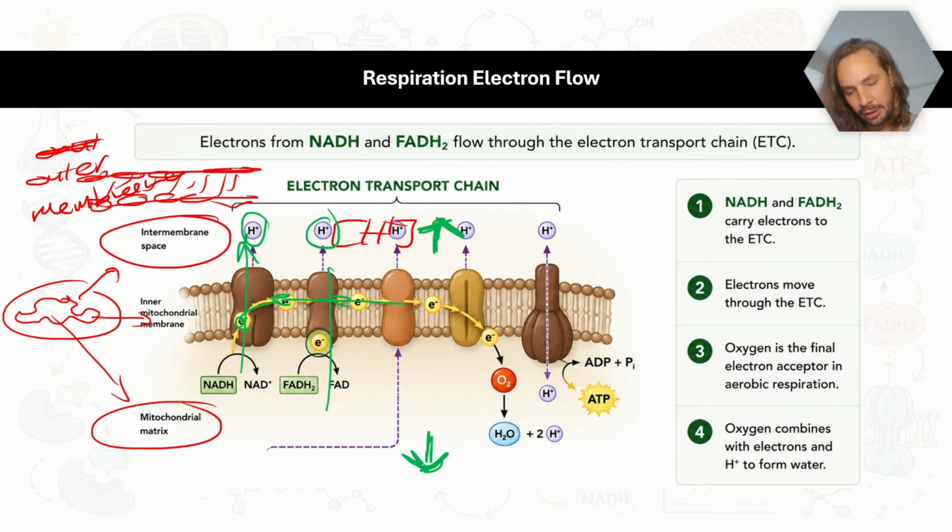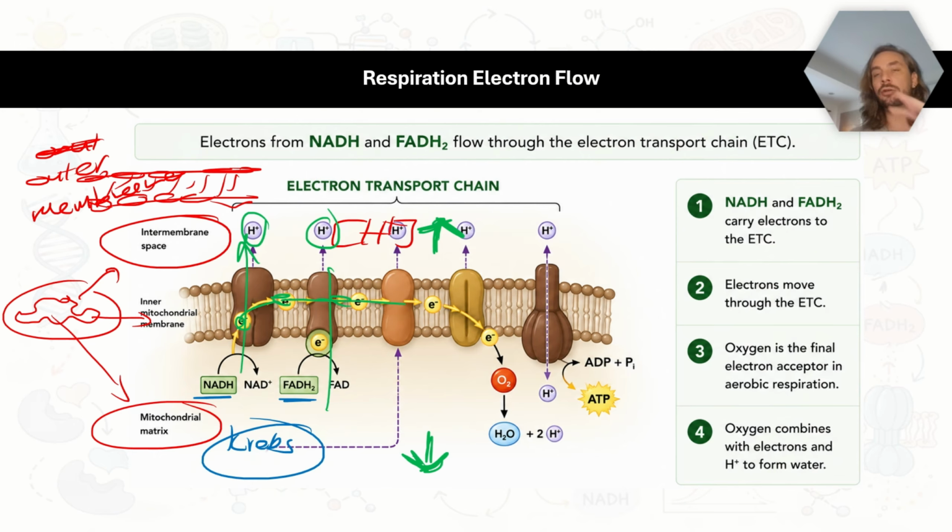So here I have a very high concentration of protons, and here I have a very low concentration. Now the NADH and FADH2 are carrying the electrons all the way from the Krebs cycle, where glucose was slowly being broken down.